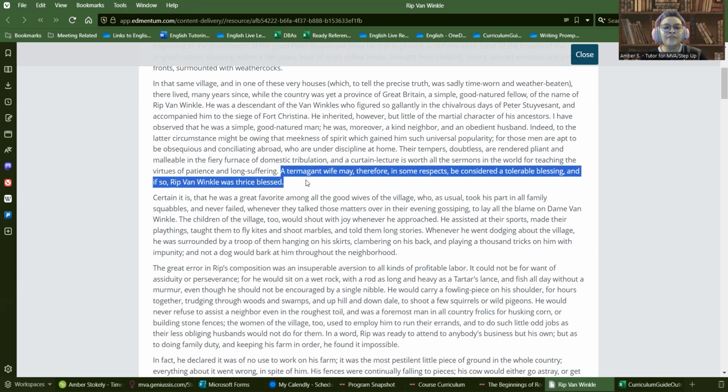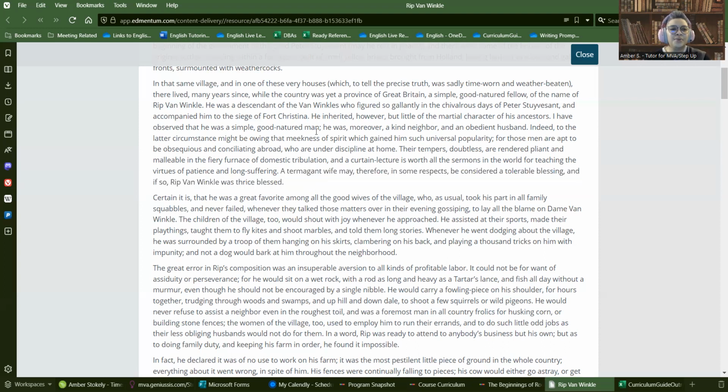He has a wife that he could just do everything for and not argue with because he's willing to always apologize. And even though some other people might not like that, it says he might be thrice blessed indeed. So basically, his wife isn't just an overbearing person. She's that times three. He's dealing with it in the extreme. So this is the description of who he is in the village and what type of person he is.